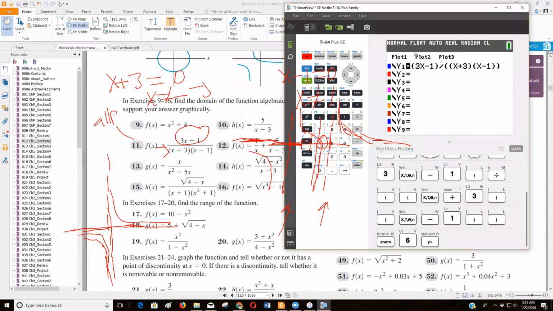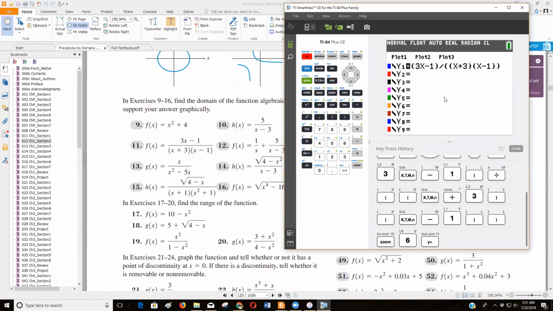And then you said you're having a hard time getting the graph to look like this. So let me clear all drawing. What's important when you're graphing these rational functions in a graphing calculator is to use plenty of parentheses. So I put parentheses around the 3x minus 1 divided by, and do you notice the double set of parentheses here? I want to make sure that whole x plus 3 and x minus 1 is locked up in the denominator.